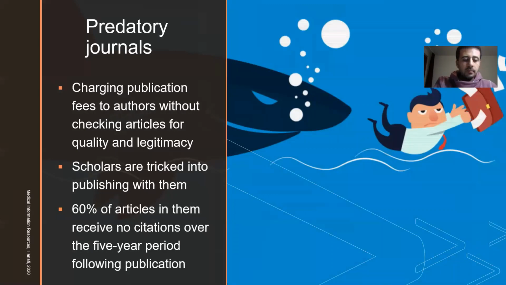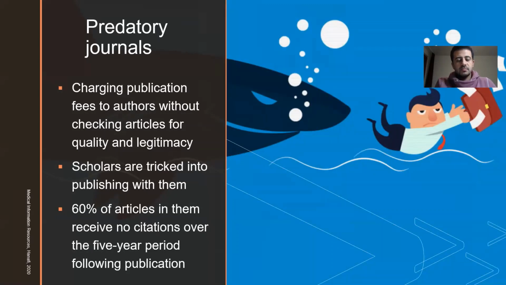Of course, some of them are normal journals, but they are seeking papers, but a lot of them are not like this. So you need to check each journal you submit your paper to. Those journals are called predatory journals. They charge you money, sometimes a very low amount, or sometimes they ask for thousands of euros or dollars.